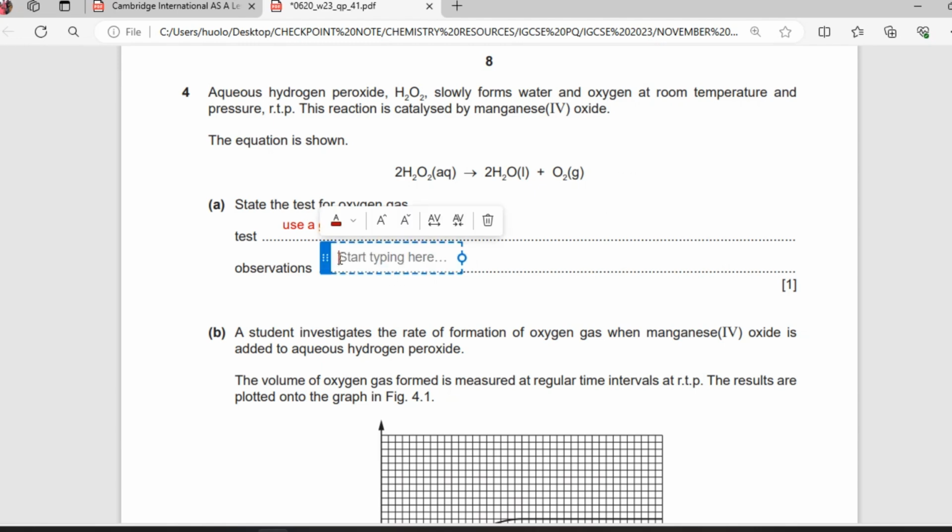Now when we use a glowing splint, what do we expect to see? We see things like the splint relights. If we don't write relights, we say it glows more, or you say it's rekindled.